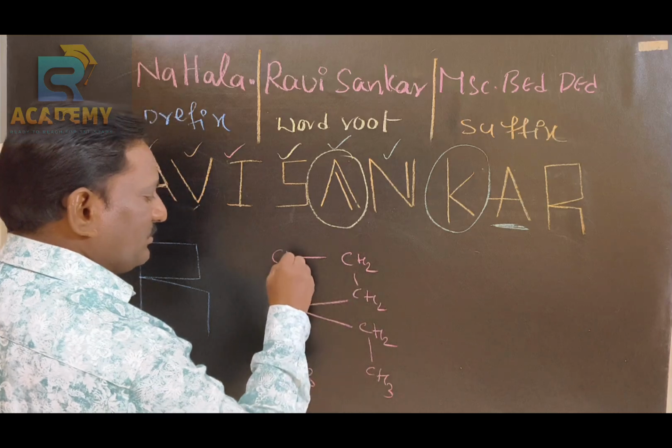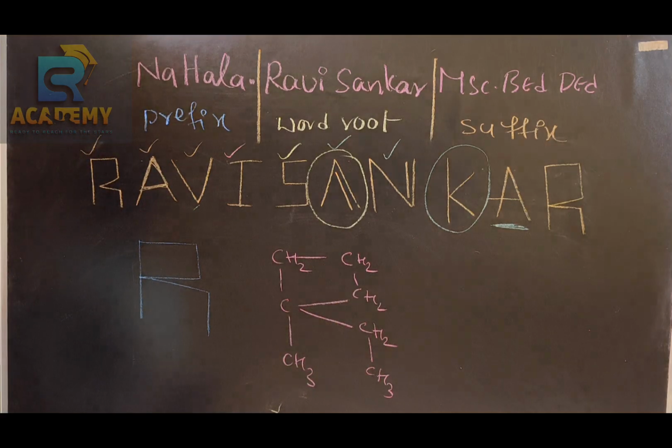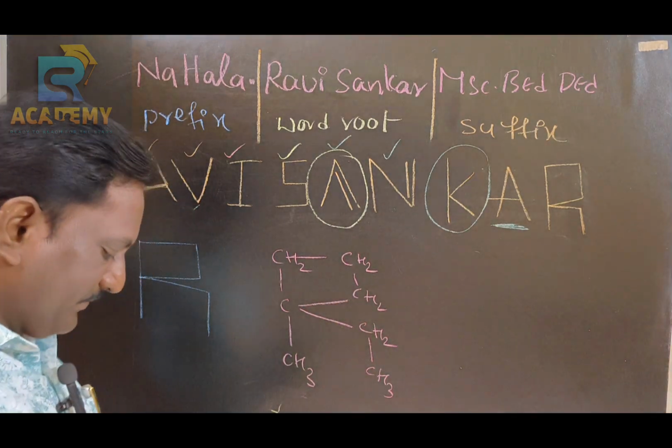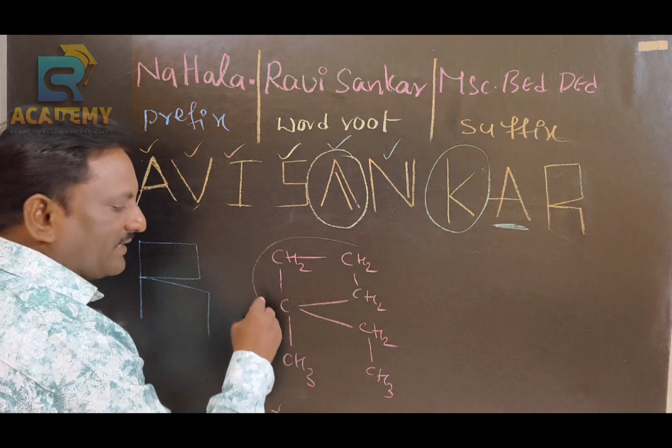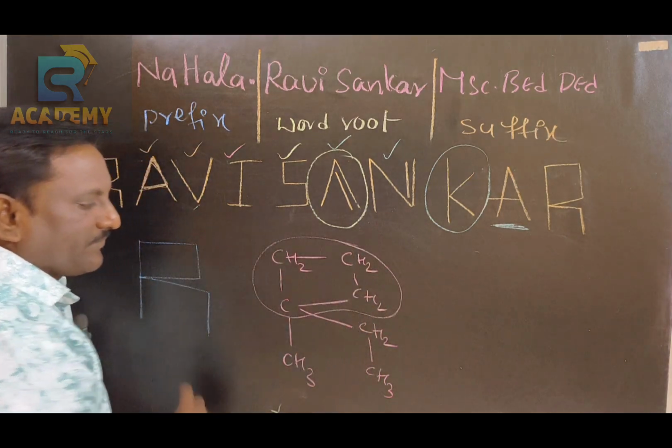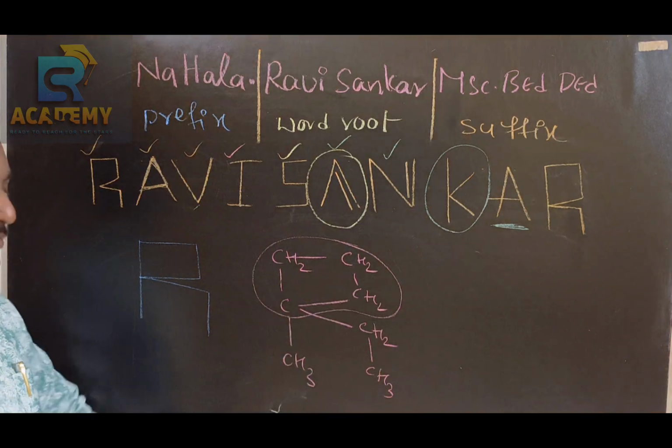CH2, CH2, CH2. So this is the detailed structure. Numbering: it's a cyclic compound, so it's the parent chain. These two are considered as branches.